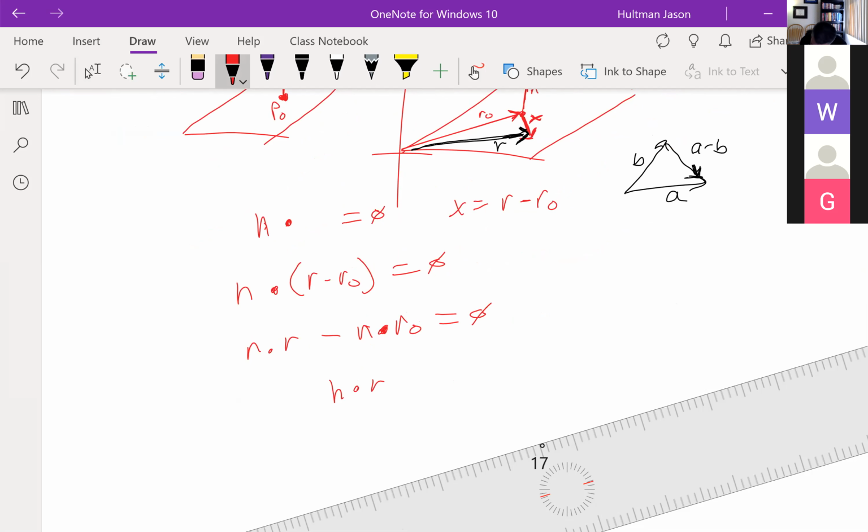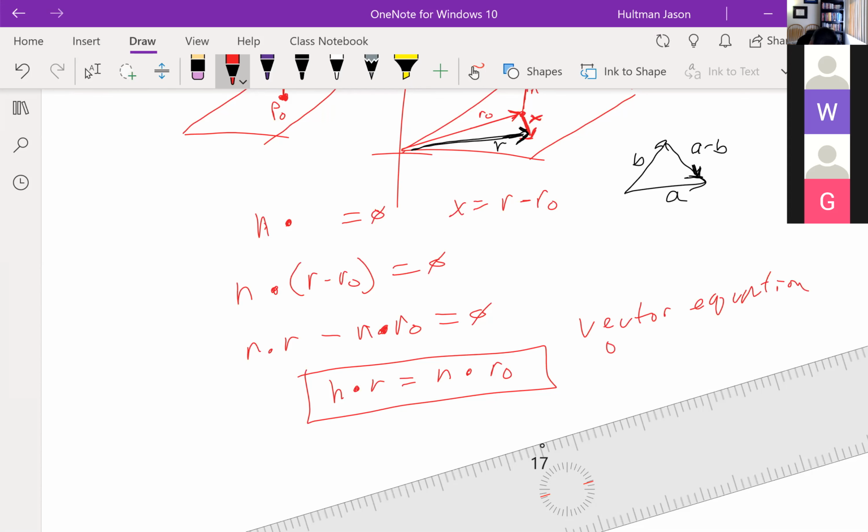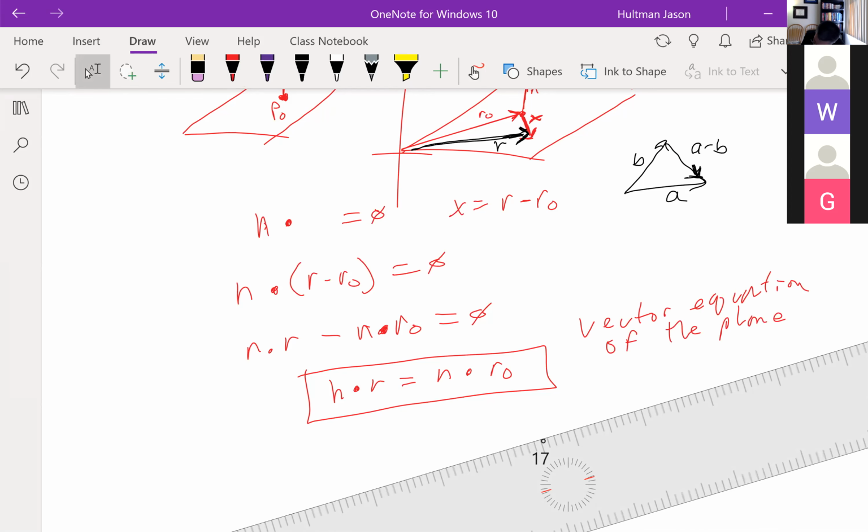And we say that this is the vector equation of the plane. Okay, so that's the vector equation of the plane.